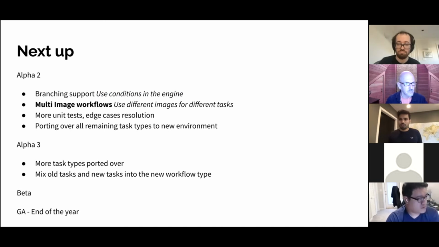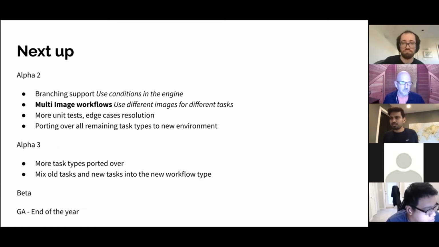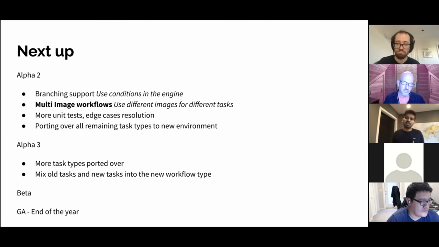And I wanted to give you a quick update of what's coming up next. Branching support, and I'll show you an example of how we have native branching within workflows. Multi-image support. So the Flyte backend does not care about what image you use for a task. Each task can be a separate image, but there's no easy, clean way of doing this for the user. We think we have one way, and that'll be part of Alpha 2.